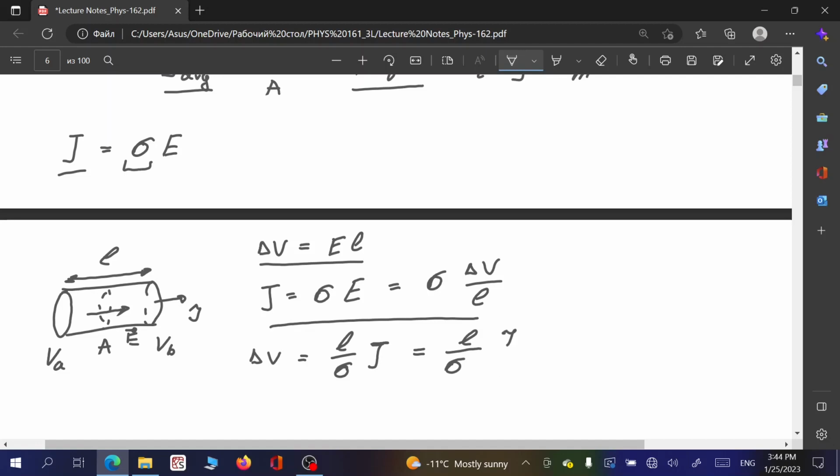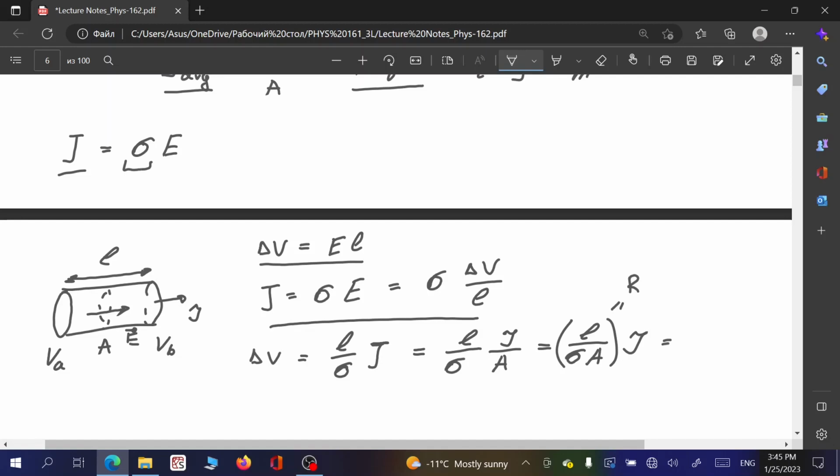So we can write I over A, so this is J. And eventually we have L over sigma times A times I. So this part here is called electrical resistance. That is denoted as capital R.